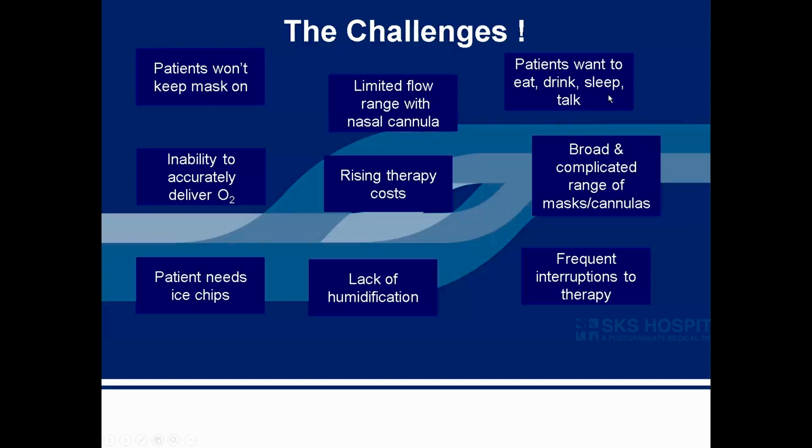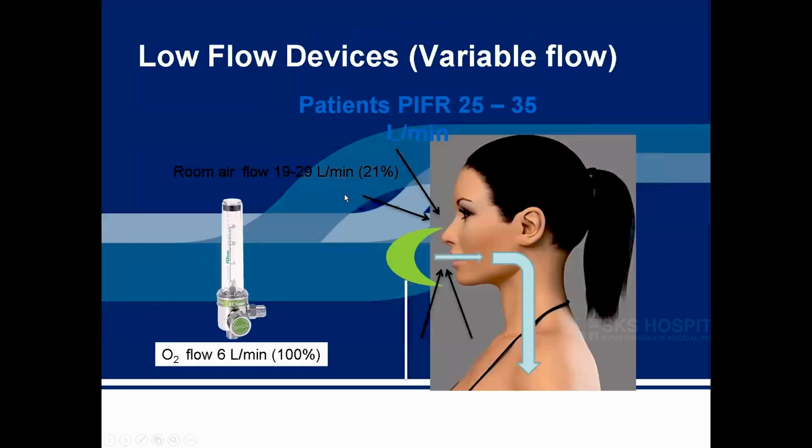Patient wants to eat, drink, sleep, talk, etc., which may not be possible with the face mask. And there is a broad and complicated range of masks and cannulas, and frequent interruptions to therapy, because during eating or talking, etc., we'll have to remove the mask. Then the inability to accurately deliver oxygen. I've explained why it cannot deliver the proper oxygen.